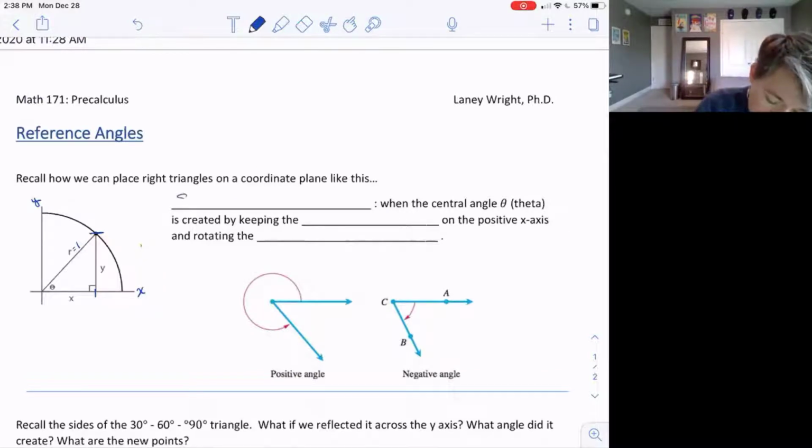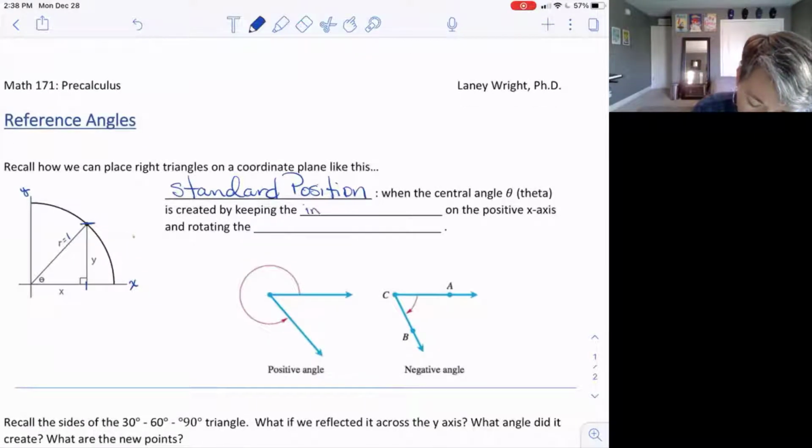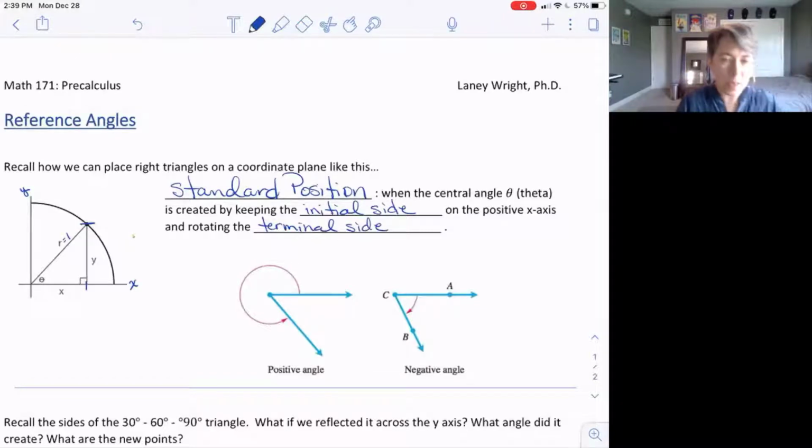What we consider standard position is when the central angle, we'll call it theta, is created by keeping what we call the initial side on that positive x-axis and rotating what we call the terminal side about the origin.